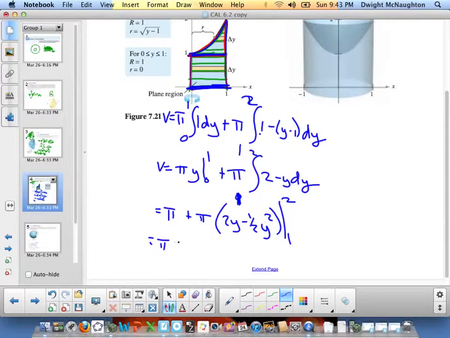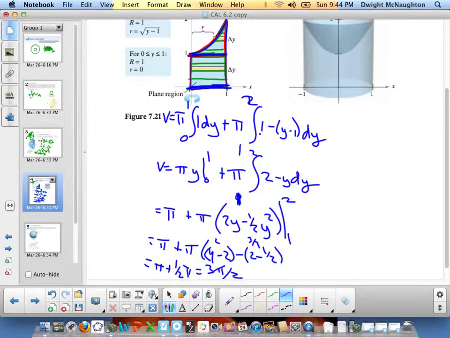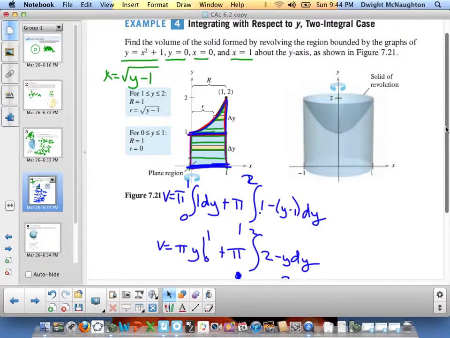We got pi there, plus pi, that's 4 minus 2 squared is 4, half of 4 is 2, minus, and when we put in 1, we got 2 minus 1/2, so this is 2, this is 3/2, 2 minus 3/2 is 1/2, so we got pi plus half of pi, so 3 pi over 2. Right? So that volume when you rotate there is 3 pi over 2.